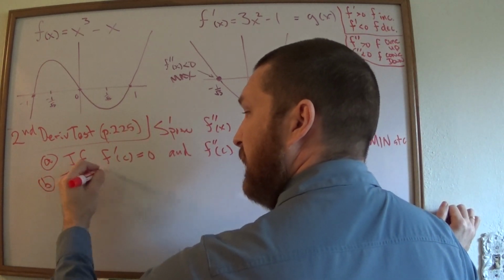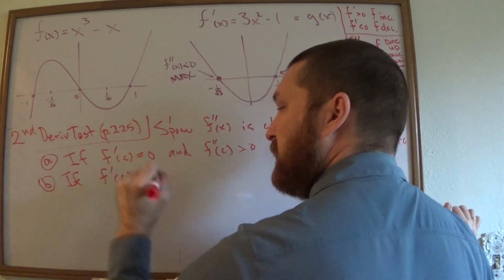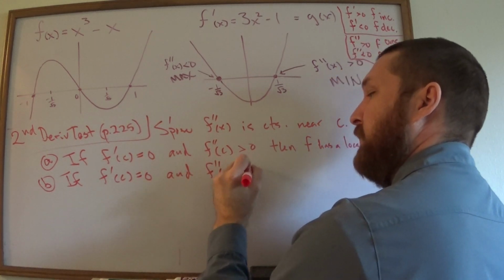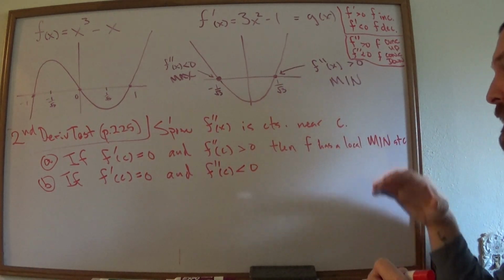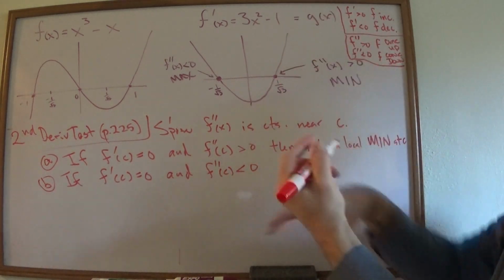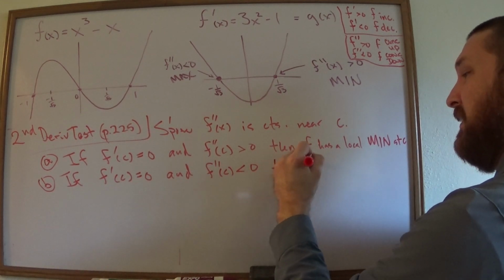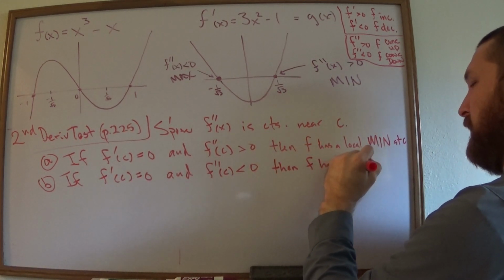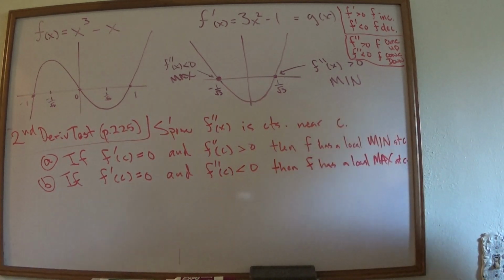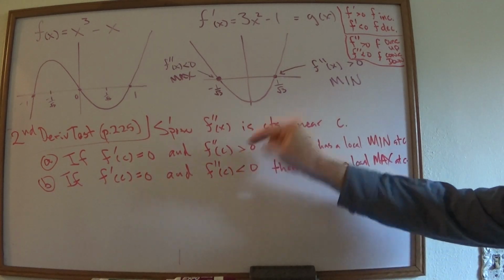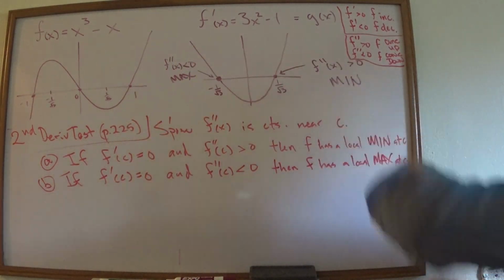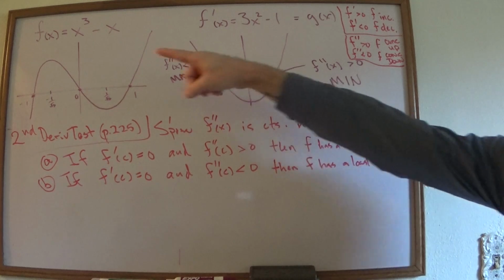Now, if f prime of C equals 0, so the slope is 0, and the second derivative at that point is negative, concave down looks like a frown, so it has a local max at C. The slope is decreasing, concave down looks like a frown, you must be at the top of a hump.